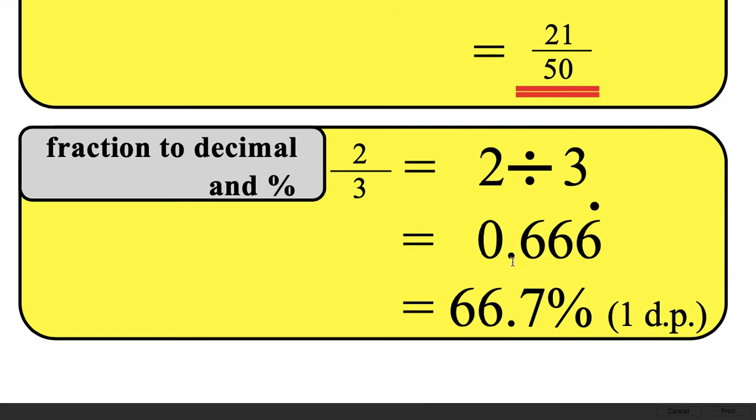And then converting that to a percentage, that's the same as 66.66666, but I've rounded it to 66.7%. So the decimal just shifted 2 places there from the decimal to the percentage, and I rounded it to 1 decimal place. 1 dp, 1 decimal place.